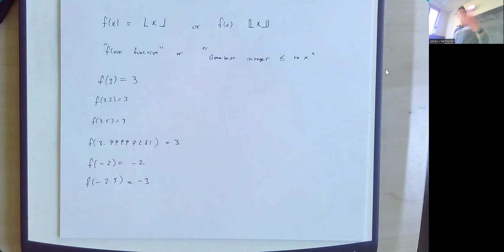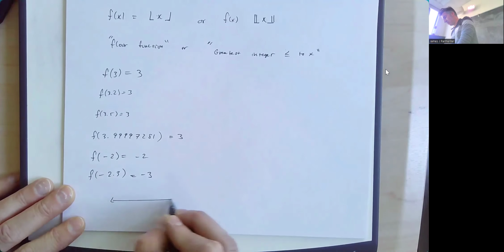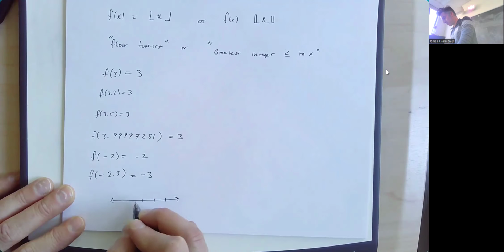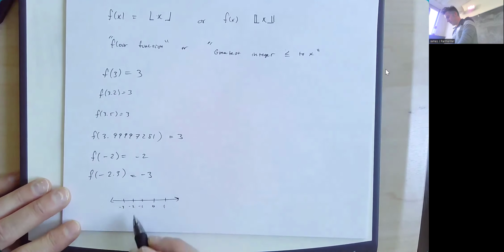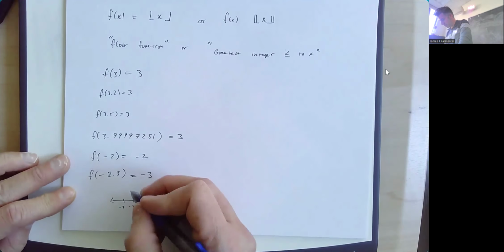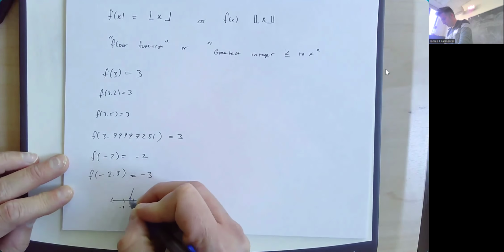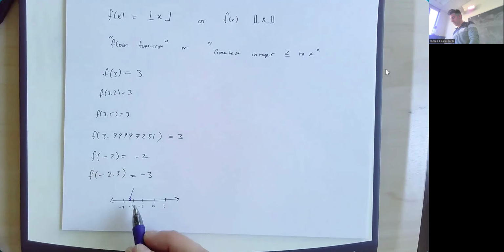Right? Because you have to be more negative than -2.3. It makes it maybe a little bit easier if you look at the number line. If you pick a number between -3 and -2, and you say, what's the biggest integer that is less than that or left of that, it's got to be -3.